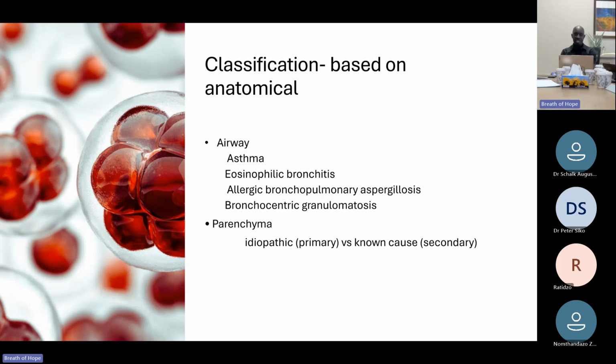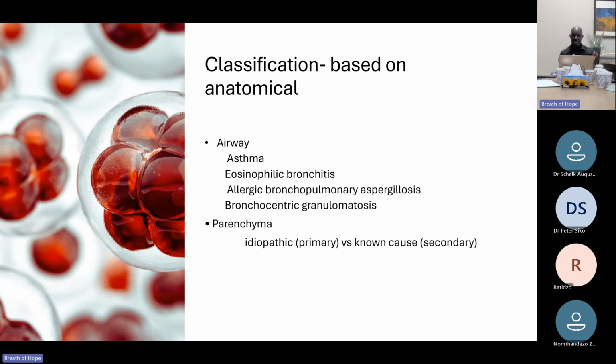The classification is based on anatomy. When you look at eosinophilic disease, we look at the airway, such as in asthma, eosinophilic bronchitis, allergic bronchopulmonary aspergillosis, and bronchocentric granulomatosis, or parenchymal disease, such as idiopathic or non-causal. So when you have a patient with high eosinophils on your full blood count, you need to look at two ways to make the diagnosis.